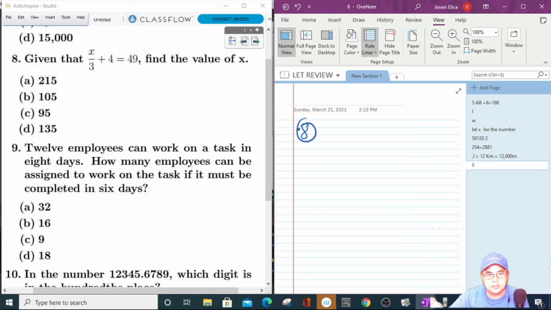Number 8 now is very simple. Given that x over 3 plus 4 is equal to 49, find the value of x. It's just a simple fraction. So let's write x over 3 plus 4 is equal to 49.